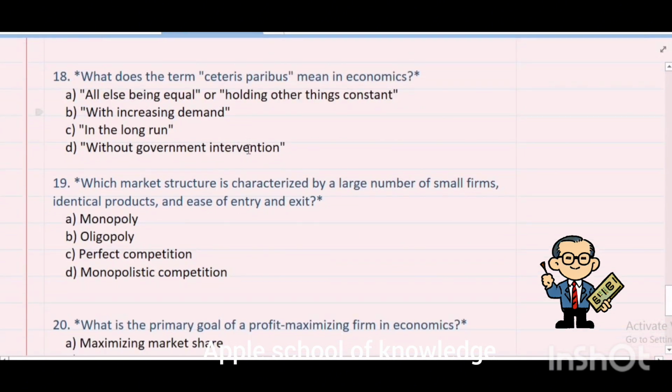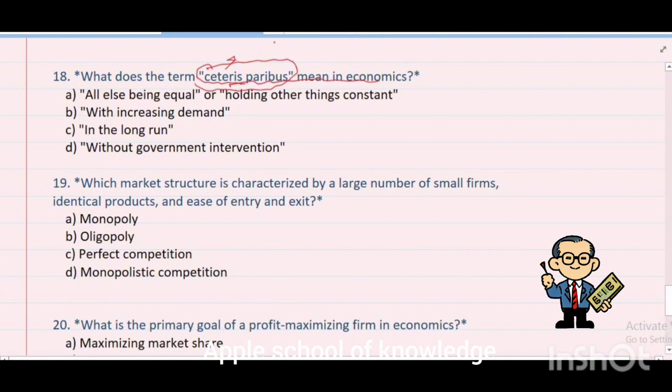What does the term ceteris paribus mean in economics? We have discussed this term many times. If you are learning or teaching economics, you have to deal with this term a lot.